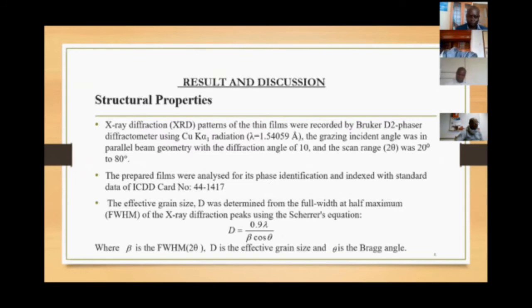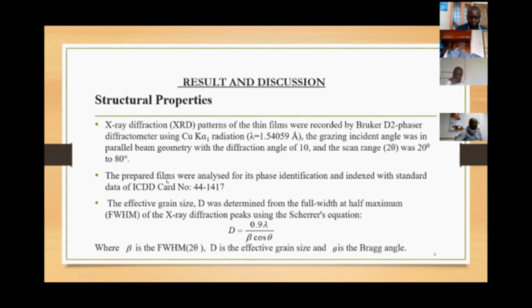From the work, I did the analysis of my results, starting with the structural properties from the XRD patterns of the thin films. That was done at a wavelength of 1.54059 angstrom, with a scan range of 2 theta from 20 to 80 degrees.